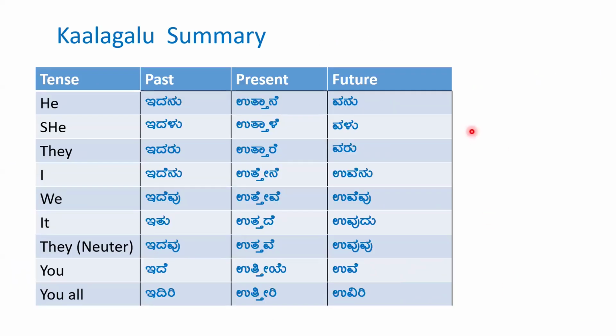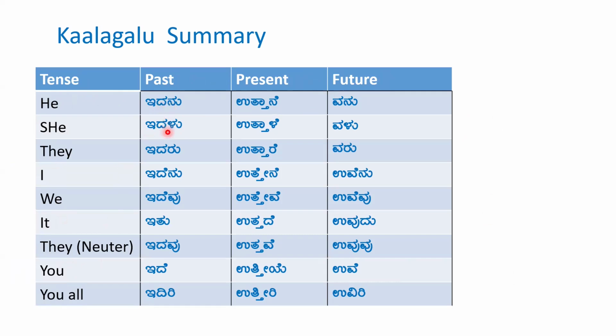So, summary of Kaalagalu. The first column shows the action is done by whom? He, she, they, I, we, it. Plural of neuter gender, you, you all. This is the Kalasuchaka plus Akhyata Pratyaya in the past tense, present tense and future tense. So, it is very similar.